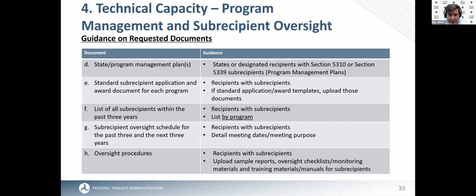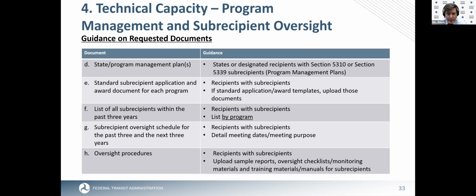For item E, the standard sub-recipient application and award document for each program. So again, this is anybody with sub-recipients. You would want to provide those applications, awards, the sub-recipient agreements that you have with those sub-recipients. Those are things that your reviewer will want to take a look at as well.